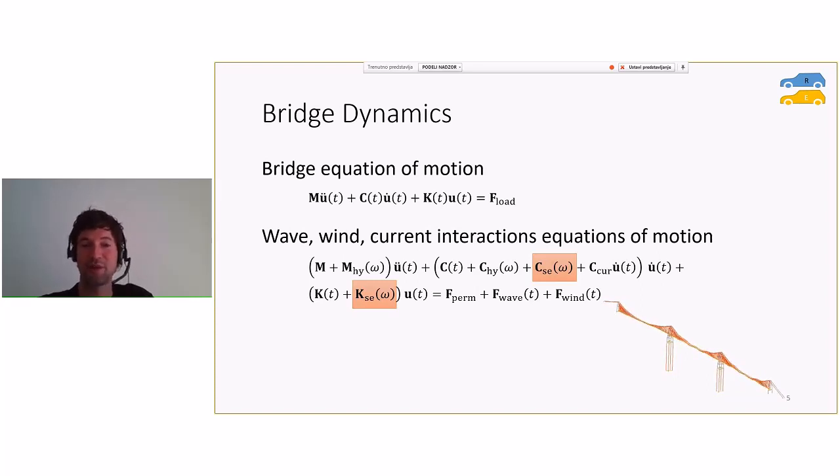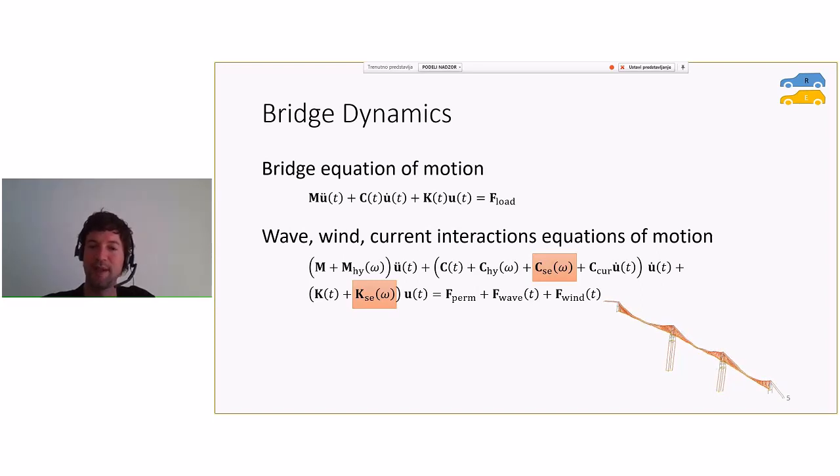Because now that we have bridges on the sea, we are exposing them to a lot of new environmental loads, such as wind and waves. They play a particularly important role in design, since they are a main contributor to dynamic excitation. In my research, I will be focusing today on how to improve, for instance, the wind damping and wind stiffness formulation.